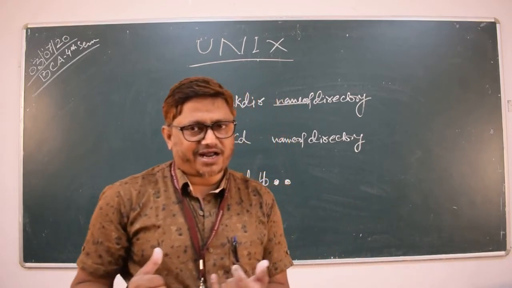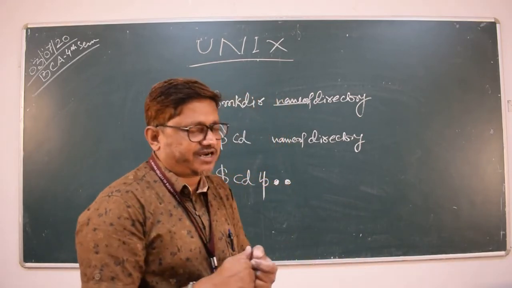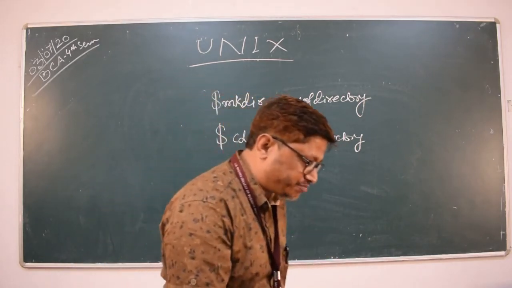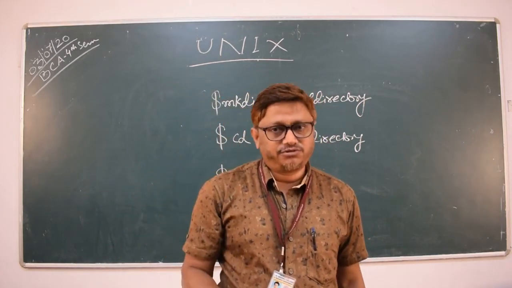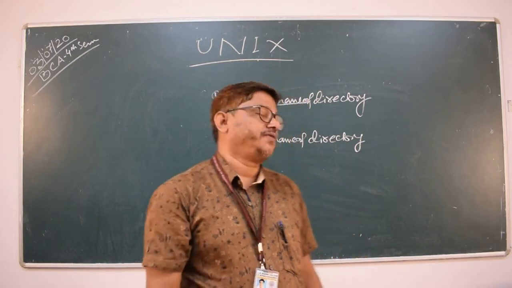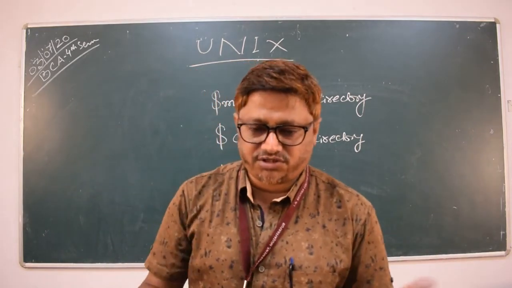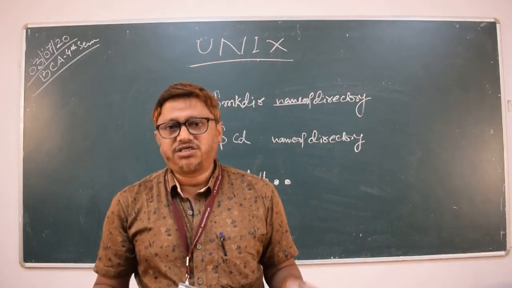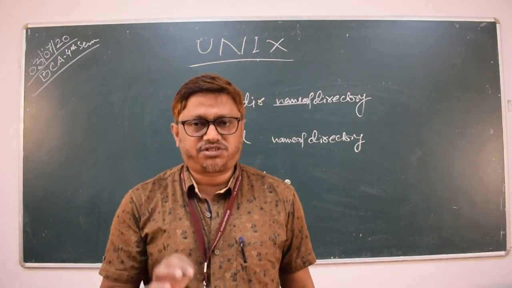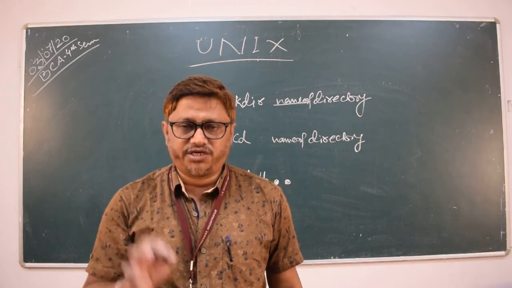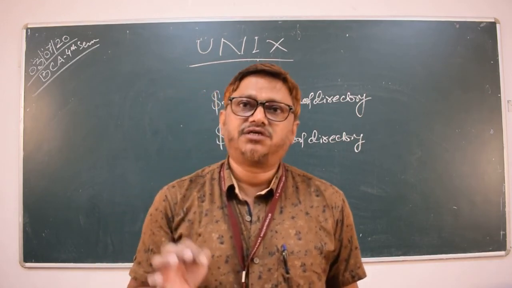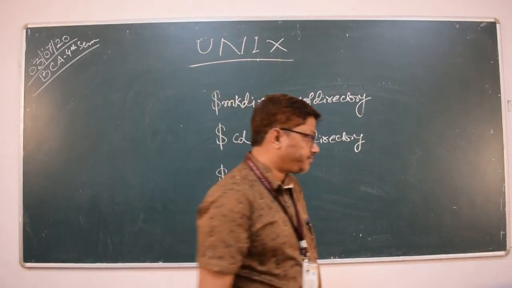If you want to exit this directory, then cd blank space and then dot dot. In DOS and Unix the cd command has only this one difference: in DOS we use cd dot dot, in Unix cd blank space dot dot.